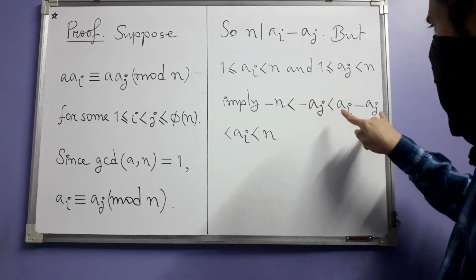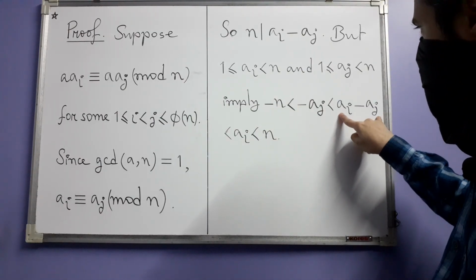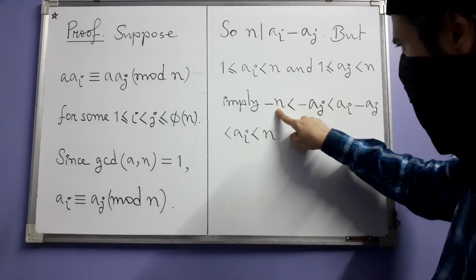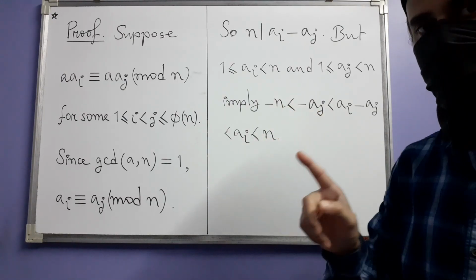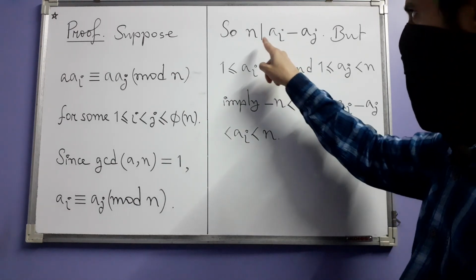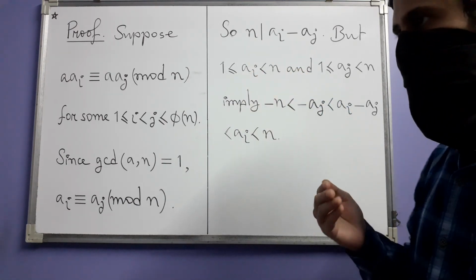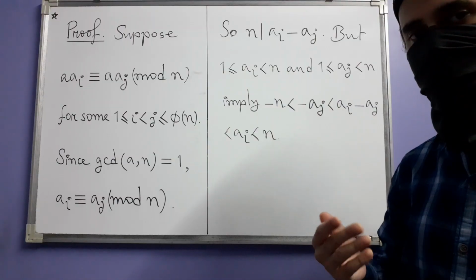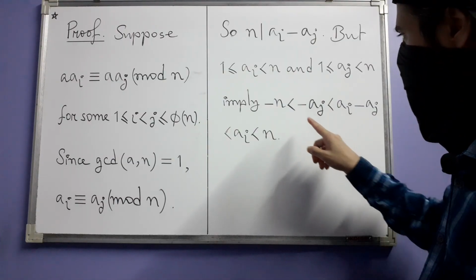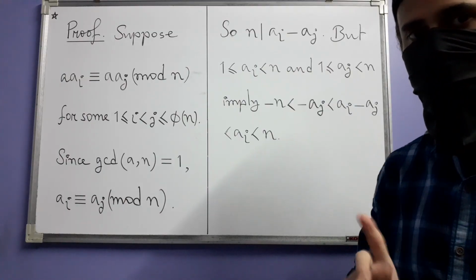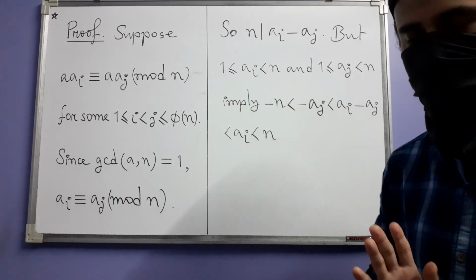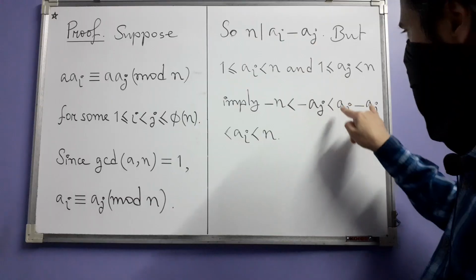So you find that this difference is strictly greater than minus n and strictly less than n. And at the same time, it is also divisible by n. Now, what are the multiples of n that lie strictly between minus n and n? Only 0. Nothing else. So that means this now has to be 0.